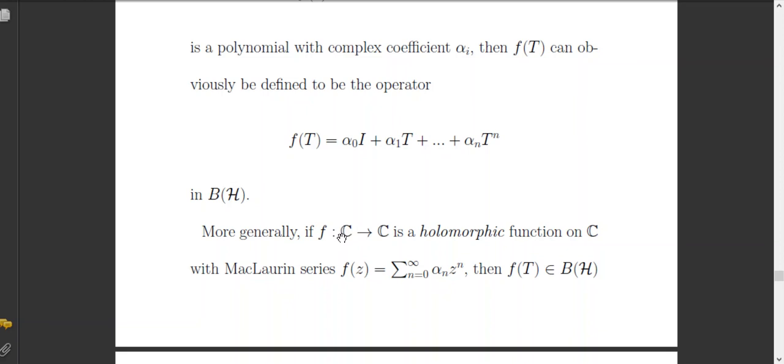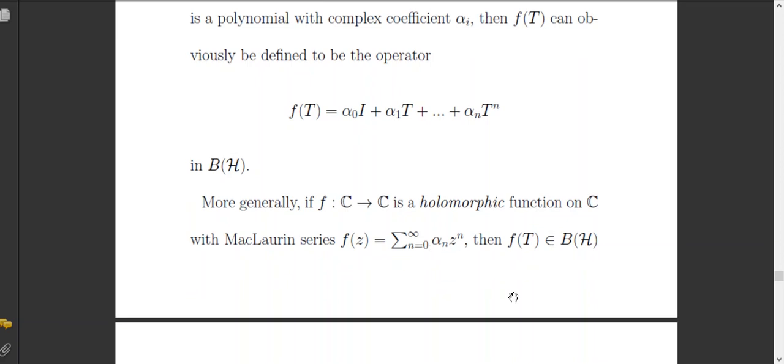And then this function has an infinite power series or Maclaurin series, and the Maclaurin series of this function, let's say, is f of z equals sigma alpha n z^n.